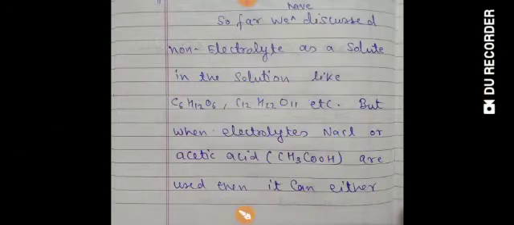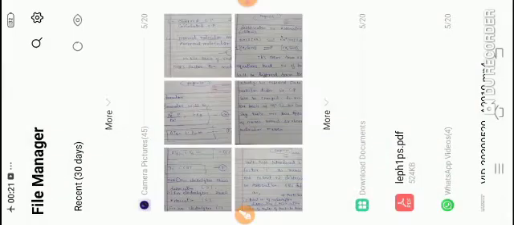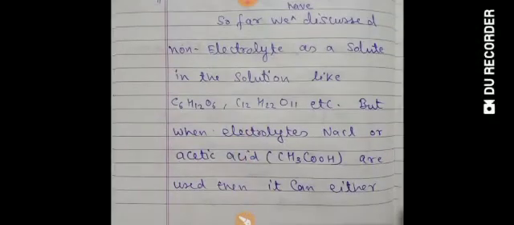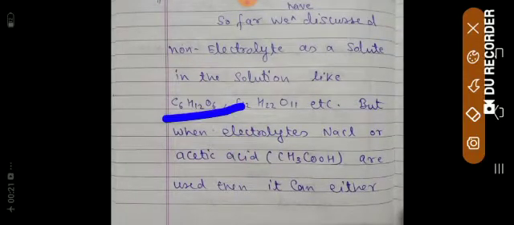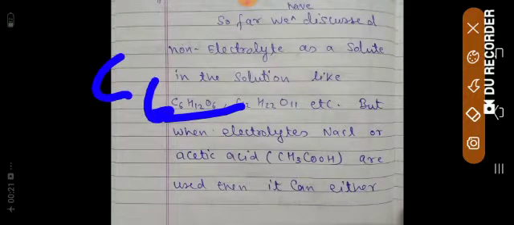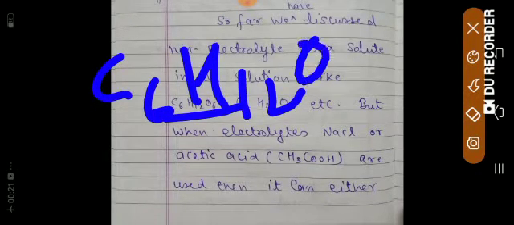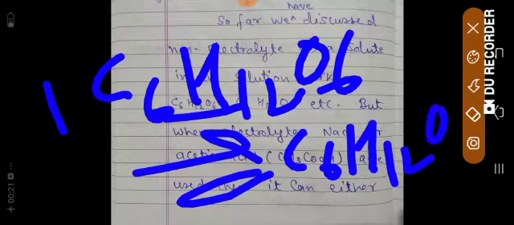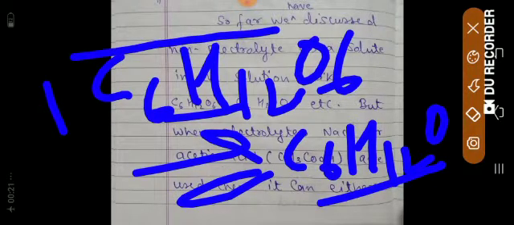And what are non-electrolytes? Take glucose, suppose. Then glucose will be 1 mole in solution if you are taking 1 mole as the original solute, meaning it is neither dissociating nor associating, so it is a non-electrolyte.